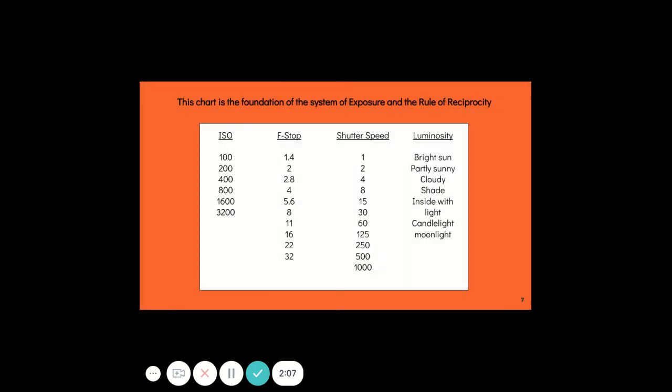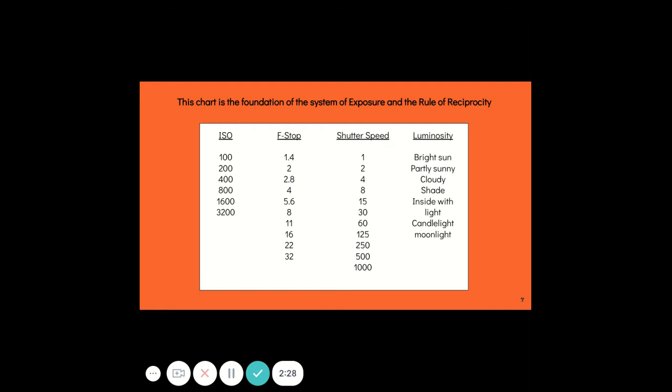We can see here in the exposure chart that the shutter speed numbers begin with 1, and the numbers themselves double roughly until we get to 1000. These numbers are often found on the body of your camera on a dial, or in newer, more automatic cameras, will show up in an LCD screen or other electronic display on the body of your camera.